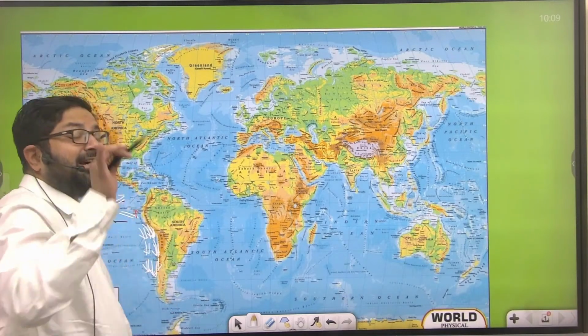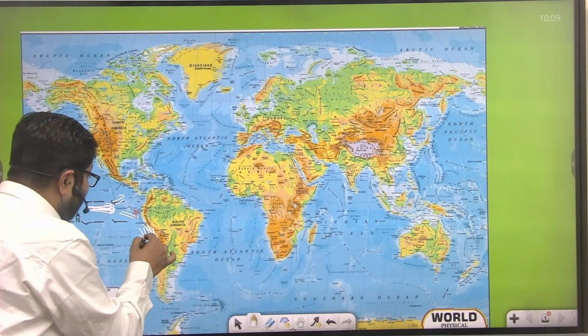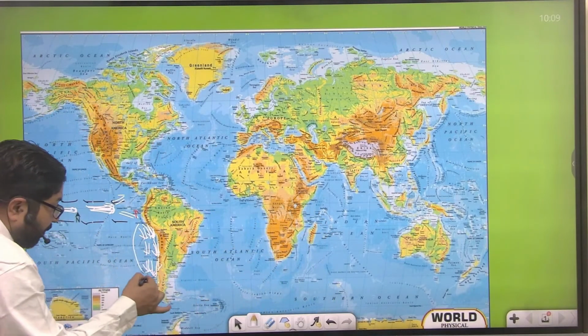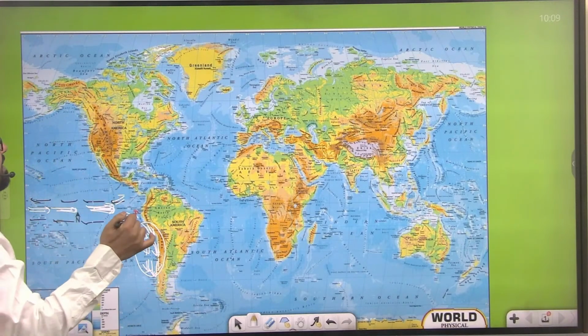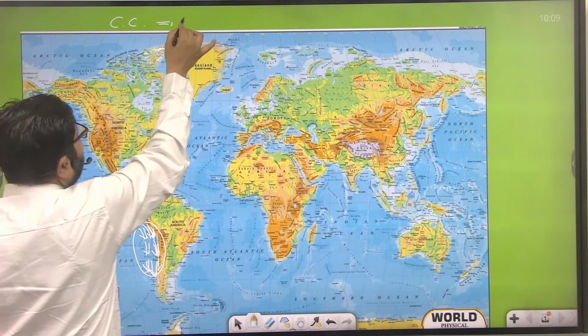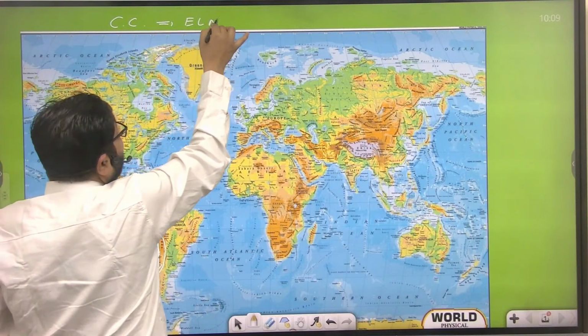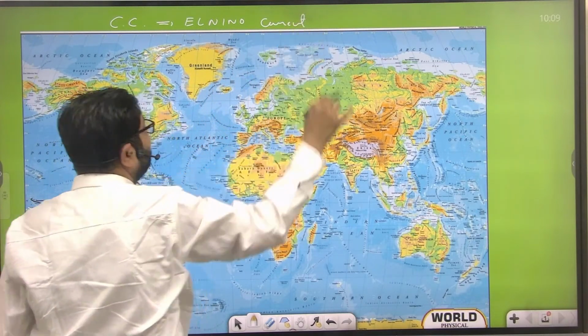In those years, when counter current is exceptionally strong, it warms up the water of East Pacific Ocean, Peru current disappears. In those years, counter current is known as El Nino current.